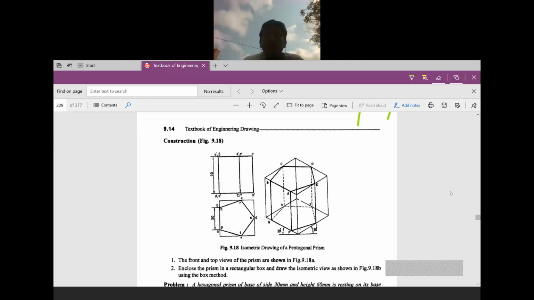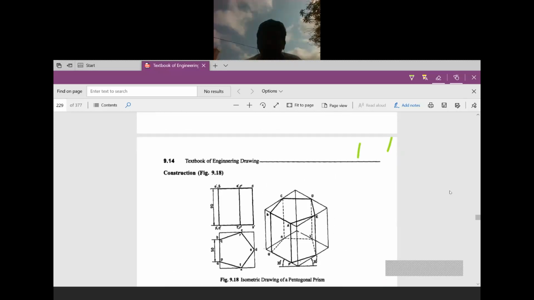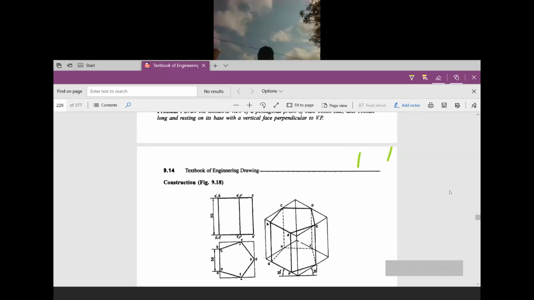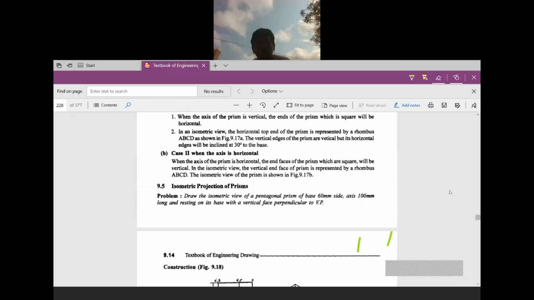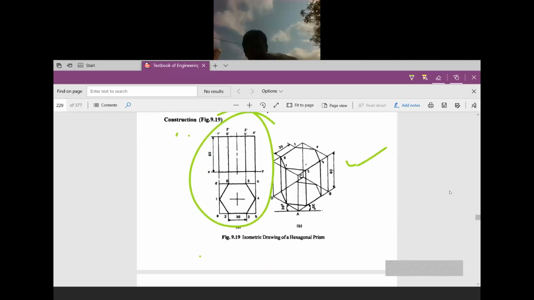After drawing the diagram, you can understand how. So here I am drawing the pentagon. The given side is 60 mm and the axis is 100 mm.